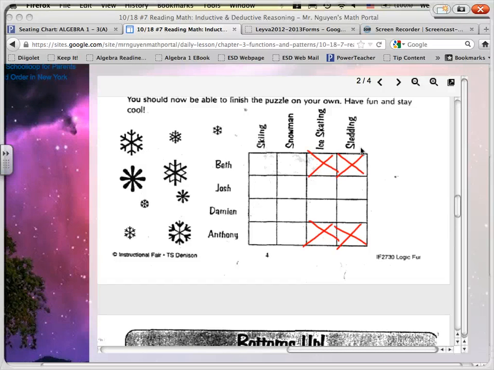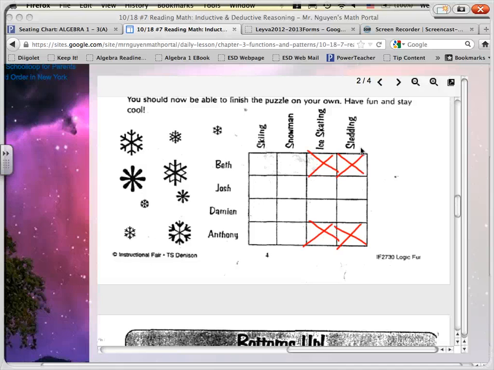Is that true? Okay, any questions right now, please raise your hand. Ice skater or the sledder, right? Right? Because if Beth is the mom of both, then also Anthony is the father of both. Okay, so for number 3, that's what you're going to fill in. Beth was not the ice skater or the sledder. Place the X where you did it.